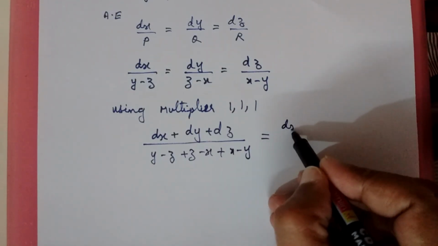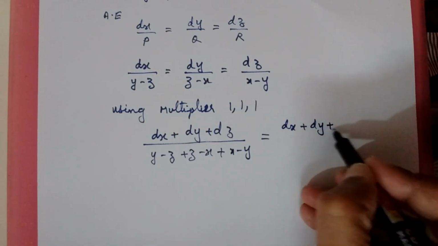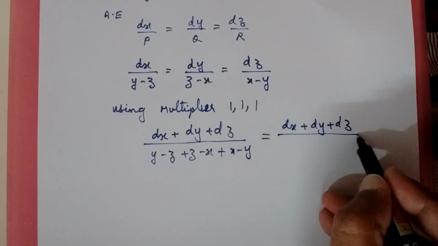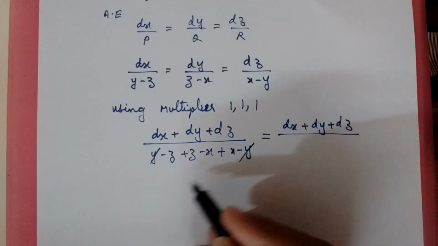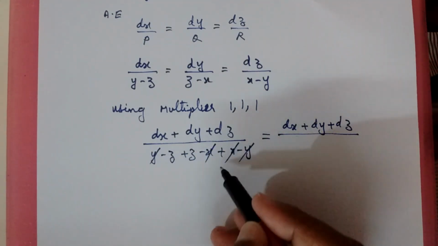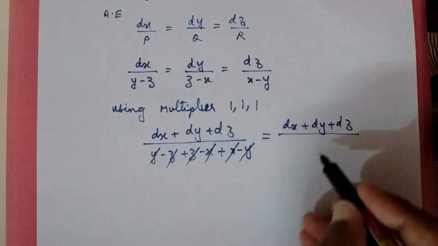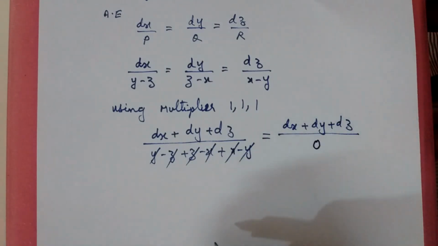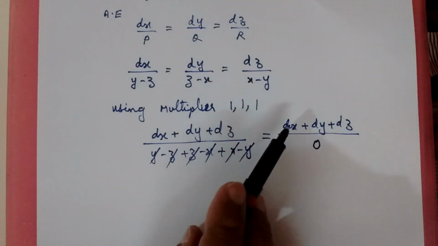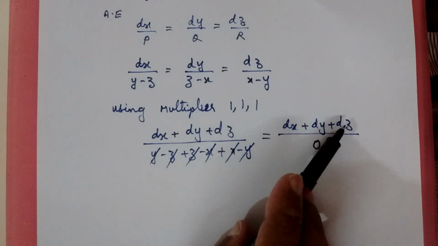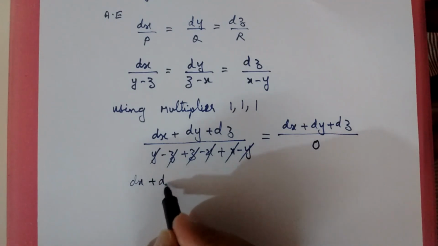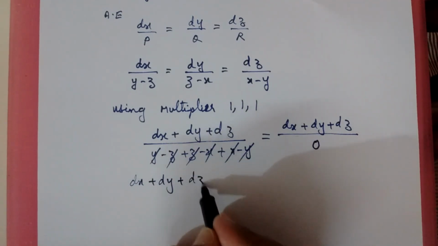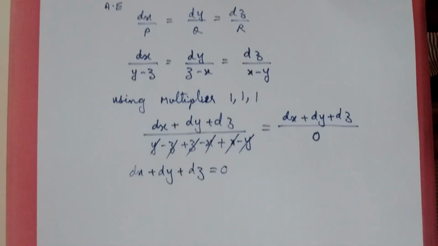Now if you rewrite, it is dx + dy + dz divided by, if you observe over here, y - y - x + x - z + z, everything will cancel out, we get 0. Which means that dx + dy + dz = 0.